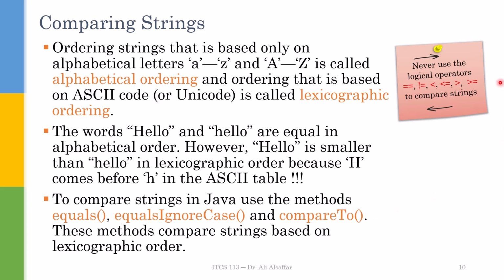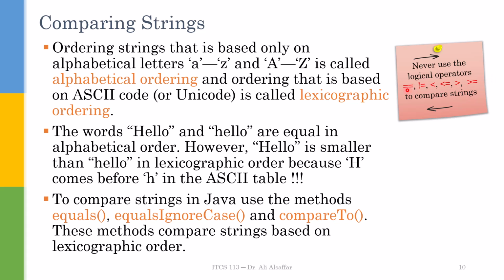Now, for strings, this is what you need to keep in mind. If you want to compare strings, never use the logical operators equal, not equal, less than, greater than, that are used for numbers. These are used only for numbers. We cannot use them on strings.